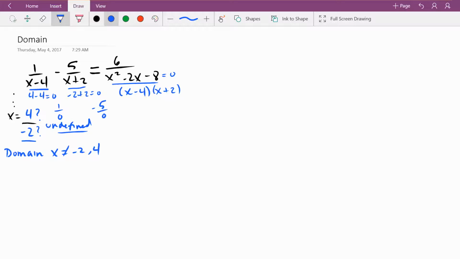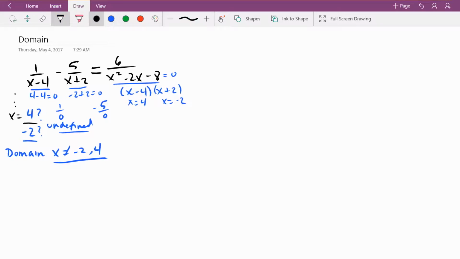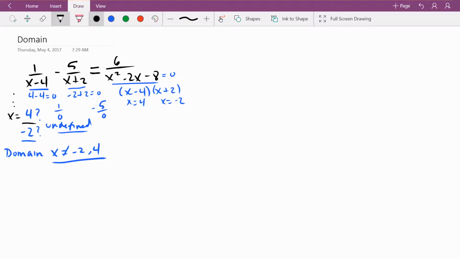Yep, that works. So again, x equals 4 would be a problem. X equals negative 2, that is also a problem, which we already have both of those. Okay, so moving on, let's do this problem and double check. We can't get 4 or negative 2. Those don't work.